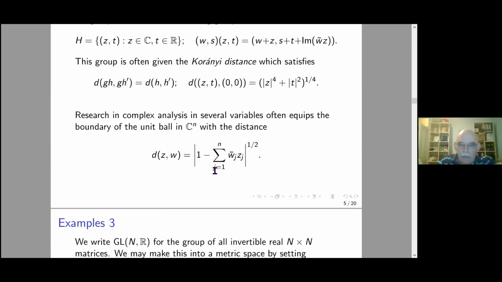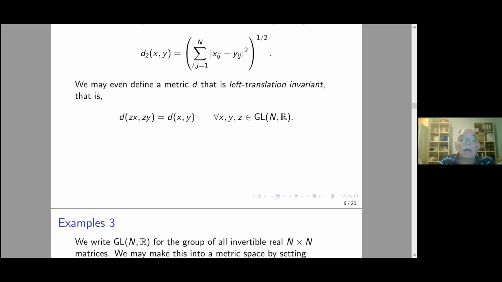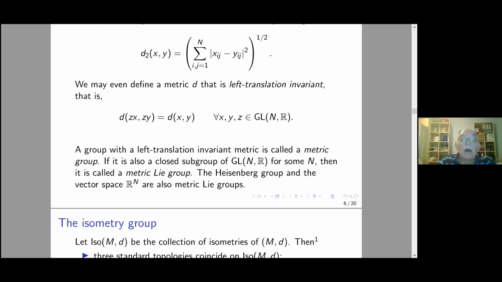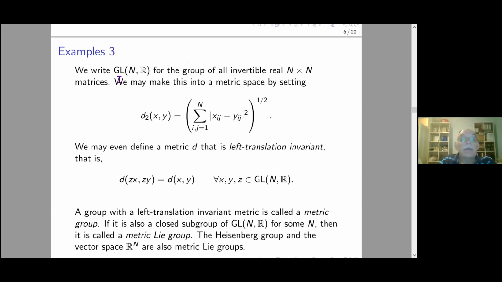So what I want to say is that metric spaces are very simple things, and they can encompass examples that are interesting to people in a whole lot of different areas. My last example is another example, really a generalization. I can take the group of all invertible real n by n matrices.